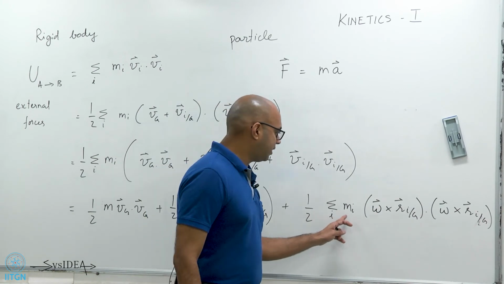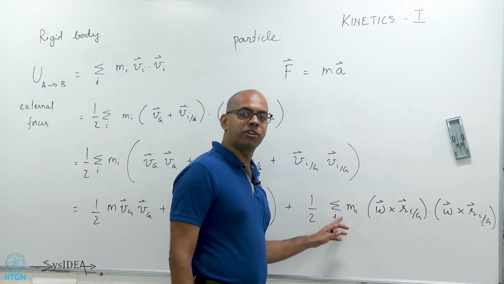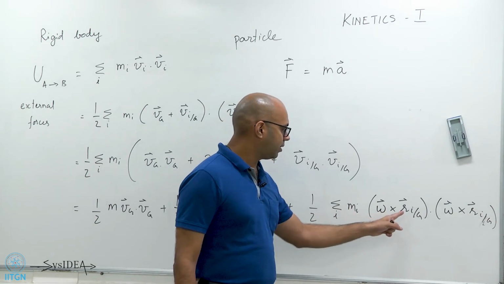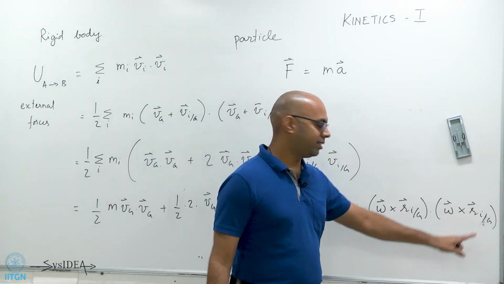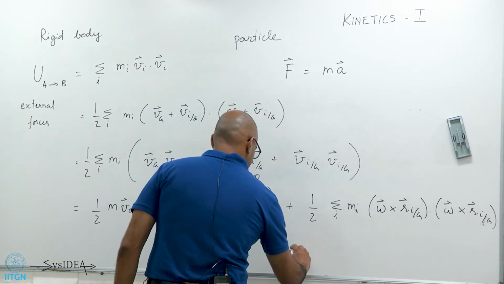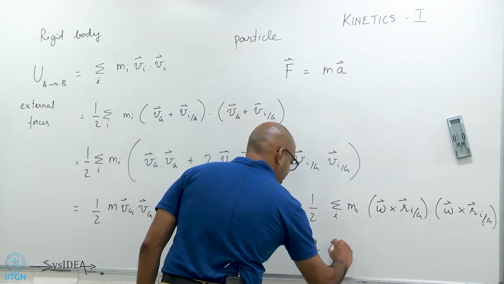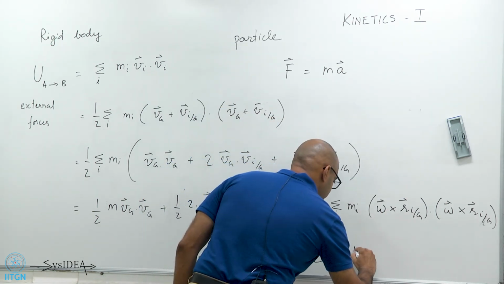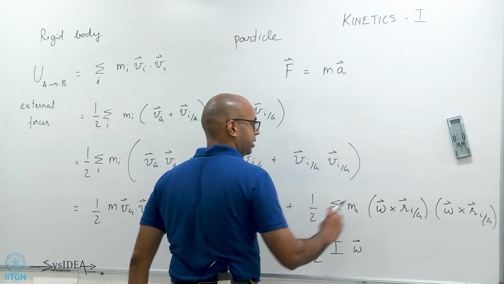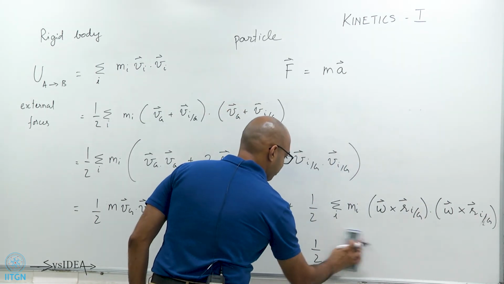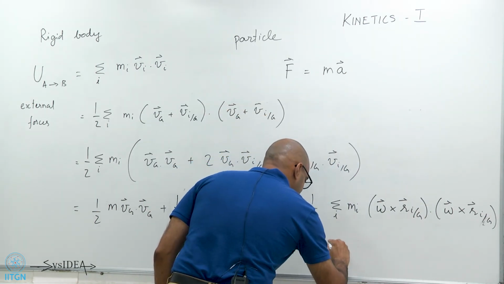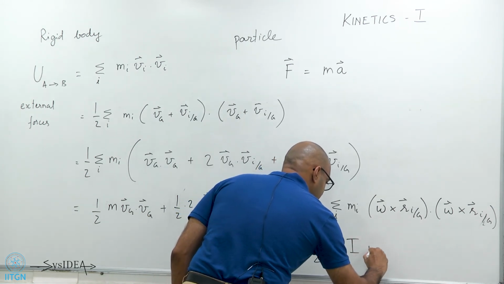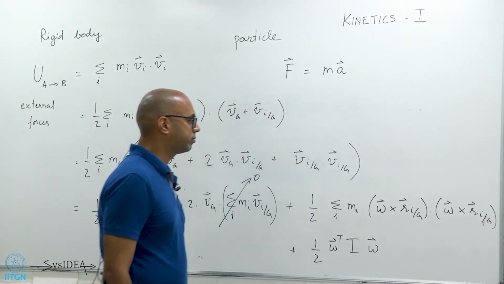So now you can see the genesis of where moment of inertia comes from. It's really an integral dm r squared. So this term becomes a half I omega squared, but really, since everything is a vector, I really have to write it as omega transpose I omega.